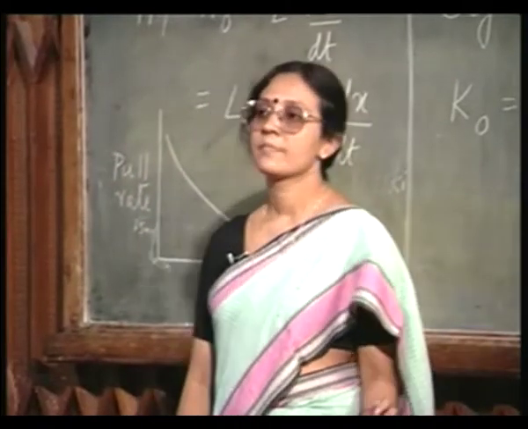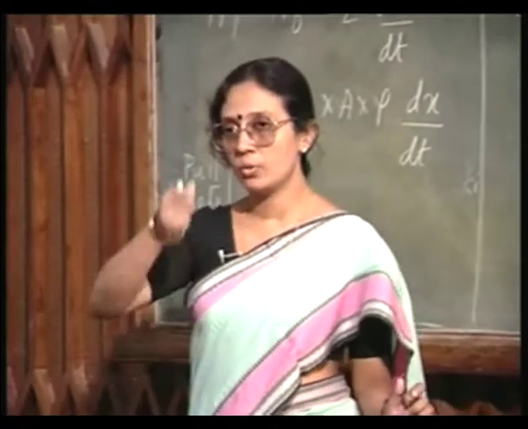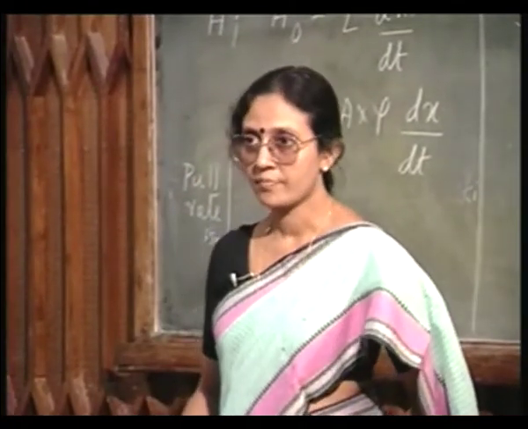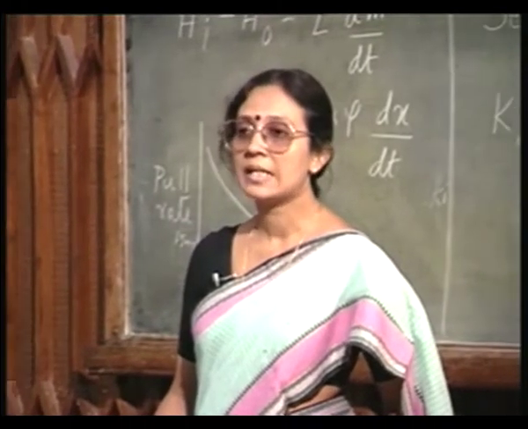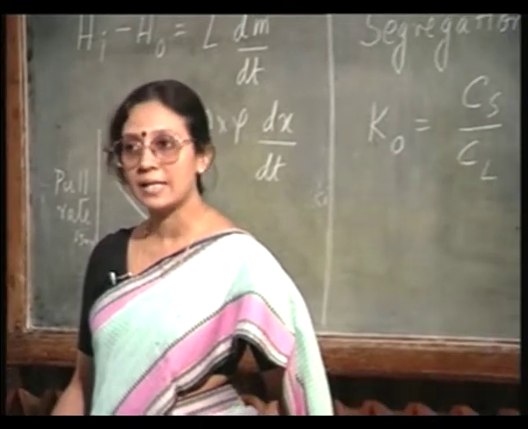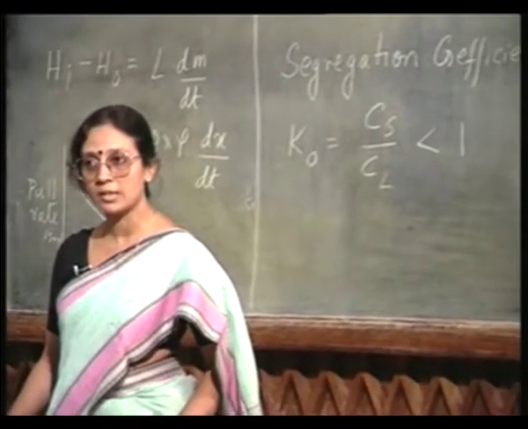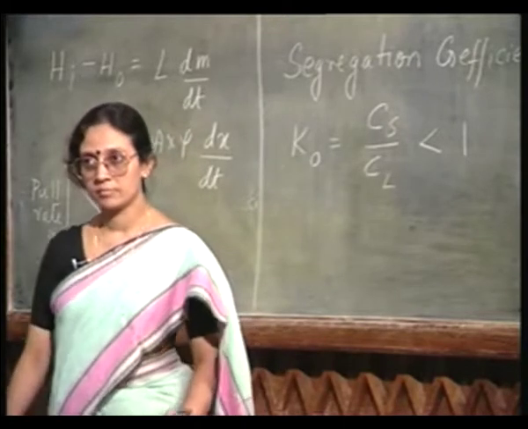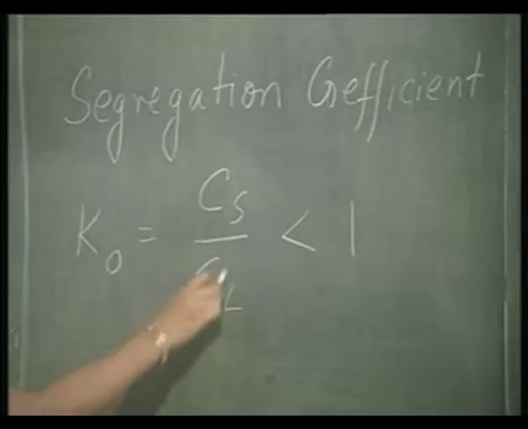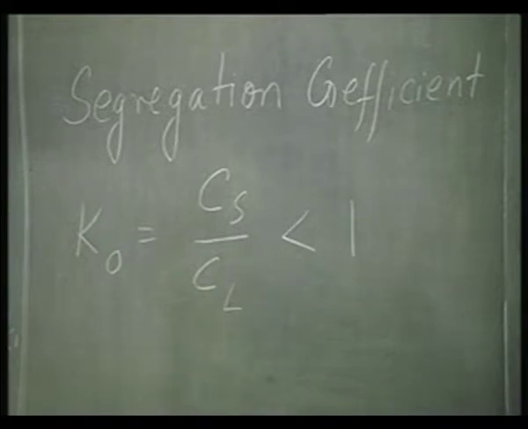That means, as you grow the crystal, these impurities are preferentially left inside the melt. They do not come into the solid, they are rejected by the solid, they prefer to be in the melt. That is because Cs by Cl is less than 1, right. That means, as you are drawing the crystal, the melt is becoming progressively richer in the impurity.